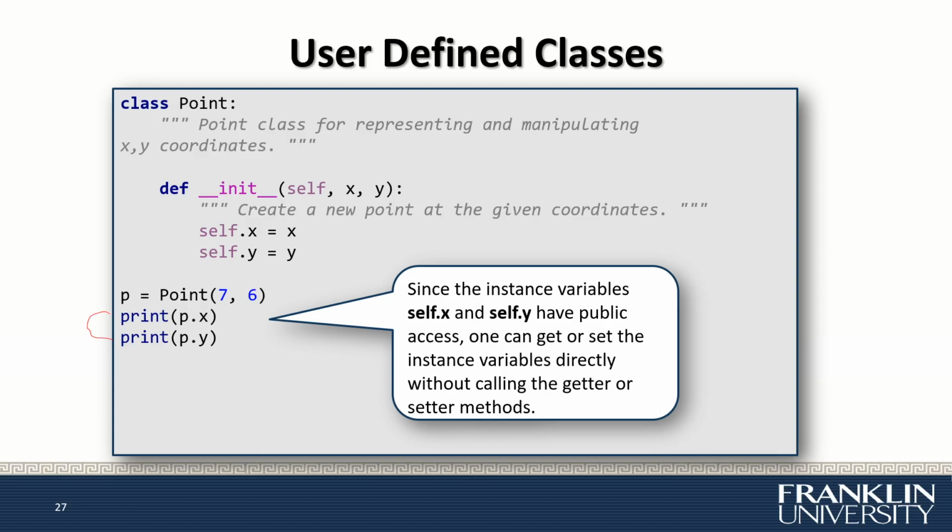I can say p.x to get the x value, p.y to get the y value. It's up to you. If you're using public, but I like to use getter and setter, just this more object-oriented programming way. But in Python, because these data are public, you can access the instance variable directly.